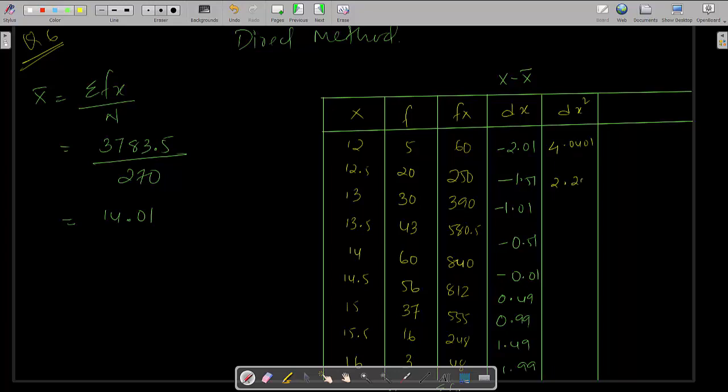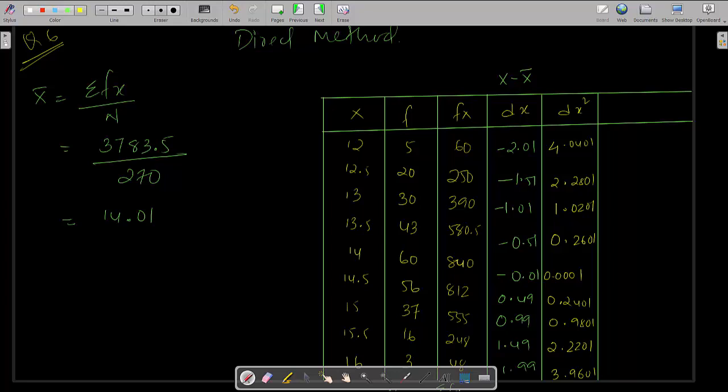Next, 2.2801, 1.0201, 0.2601, 0.0001, next 0.2401, 0.9801, 2.2201, 3.9601.